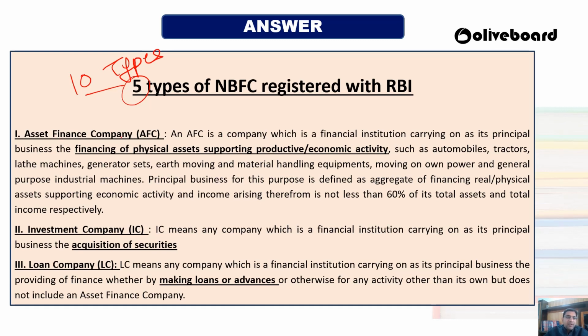First is the asset finance company, which we call AFC. The main purpose of this NBFC is that they invest in physical assets for any kind of productive or economic activity, such as automobiles, tractors, machinery, generators, earth movers, anything moving on its own power, and general purpose industrial machinery.